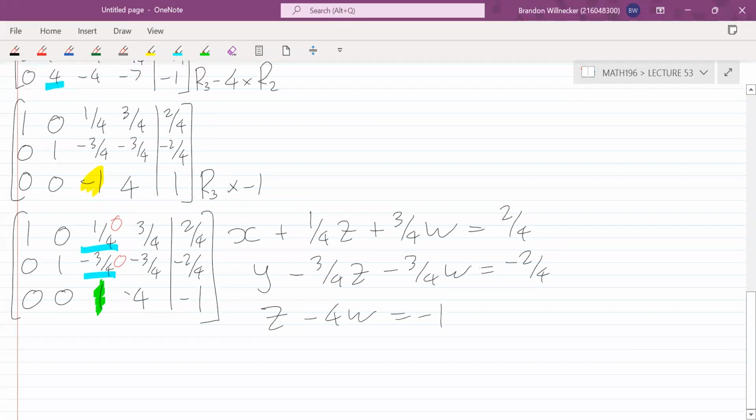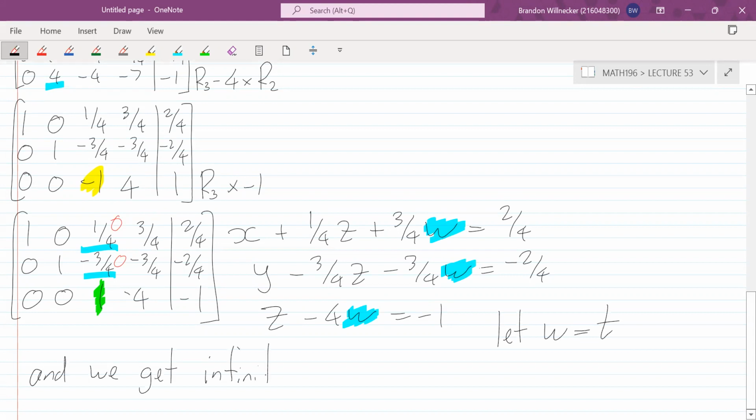You see that once you've done the last column, I'll leave that for you to do. We're left with this w, and w. So in this case, we're going to let w be equal to t, and we get infinitely many solutions.